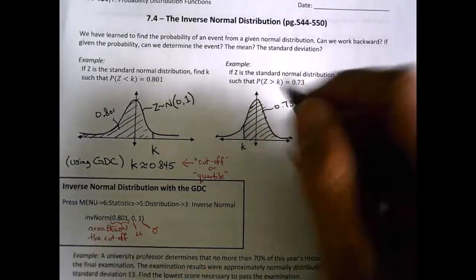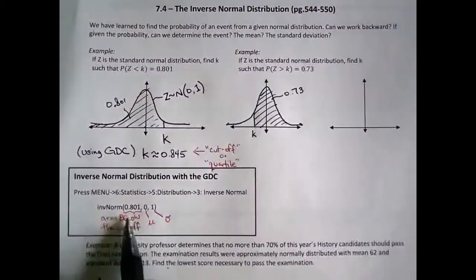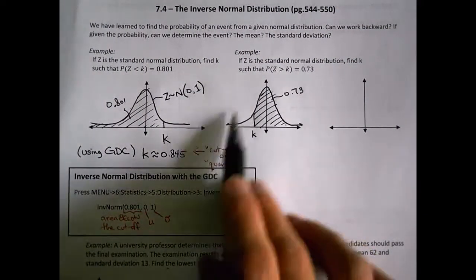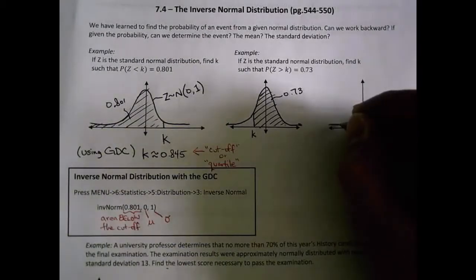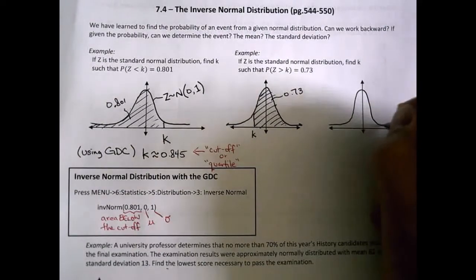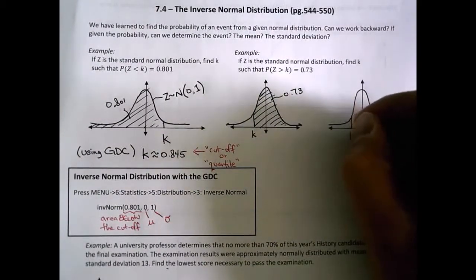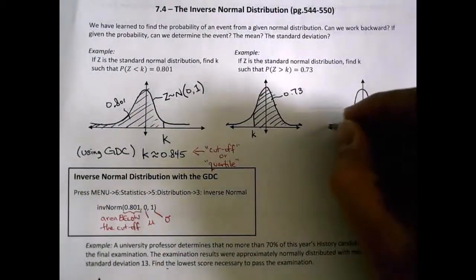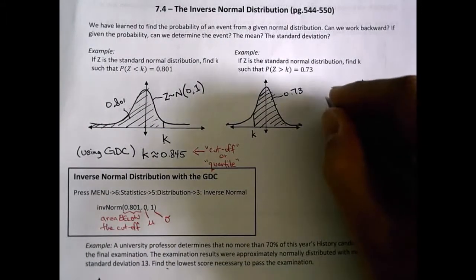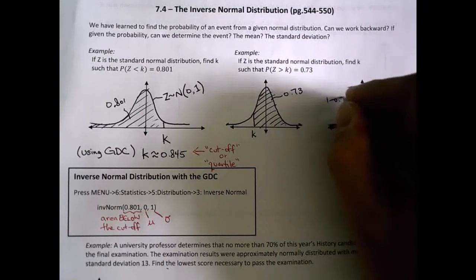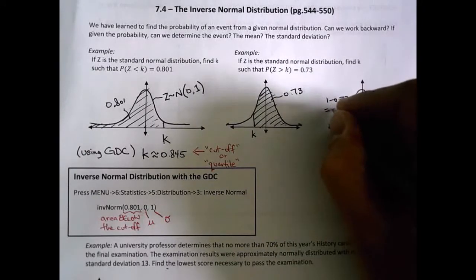Now, our calculator can't do this because, remember, when you type it into the calculator, you can only put the area below the cutoff. So we need to know what this area is. So as you can imagine, we're going to redraw this, or reconsider it. This is the same cutoff, K, but now I'm looking at this area. This is 1 minus 0.73, which is 0.27.